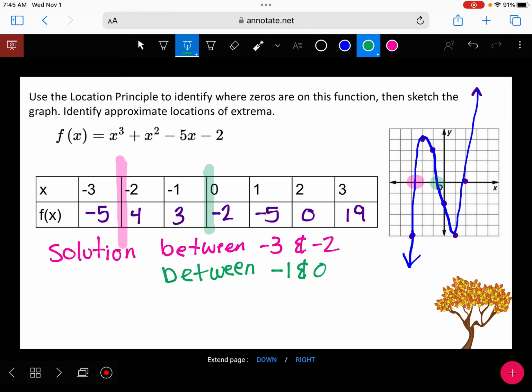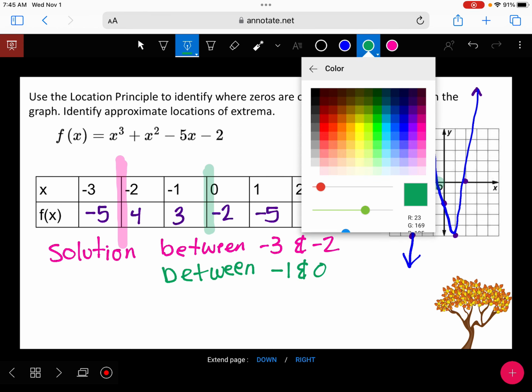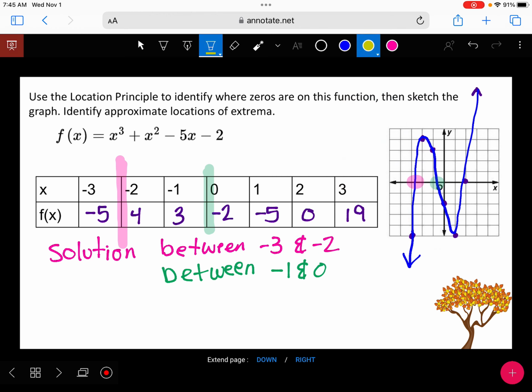And we have one more solution here where it crosses our x-axis right here. We actually have it in our value. At x equal 2. We don't have to estimate this one. At x equals 2 is our third solution. So this has 3 real roots.